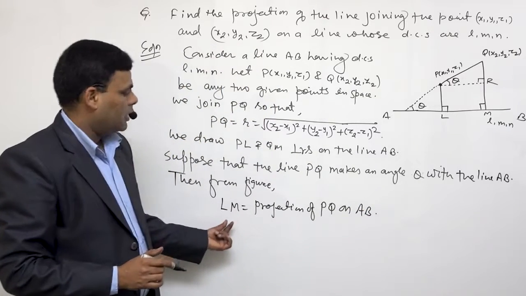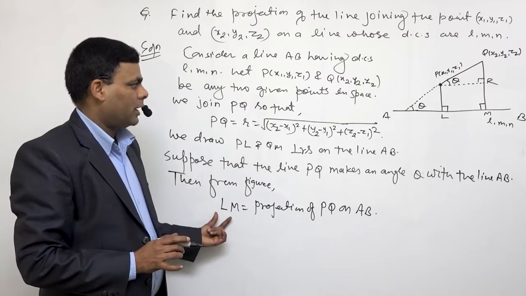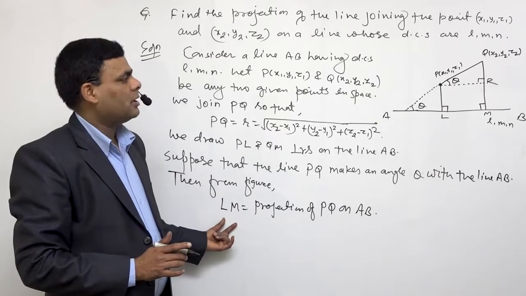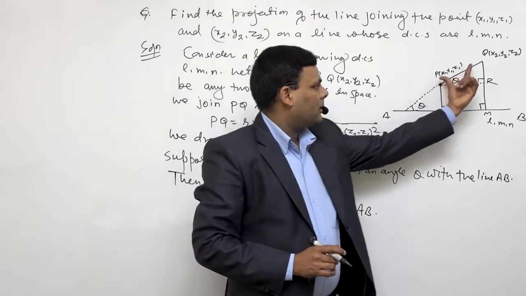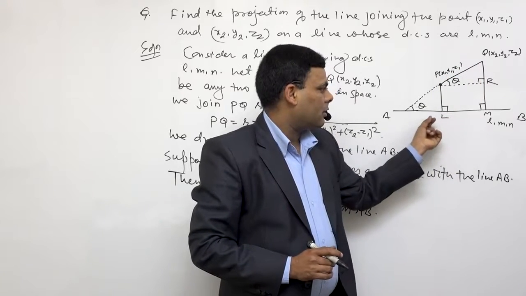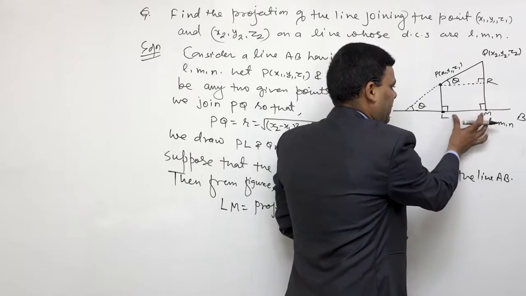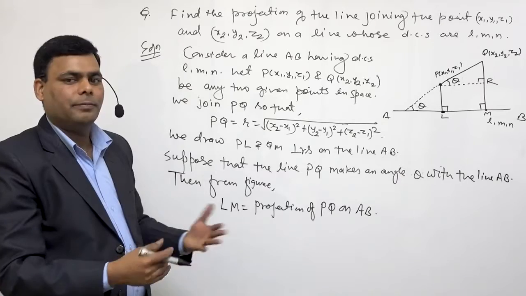We just discussed that LM is the length of the projection of PQ on AB, where L and M are the feet of the perpendiculars drawn from the points P and Q. The length between the feet of the perpendiculars drawn from the end points of a given line is LM, and this LM is known as the projection of the line.